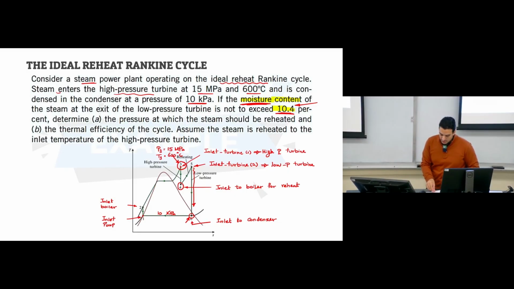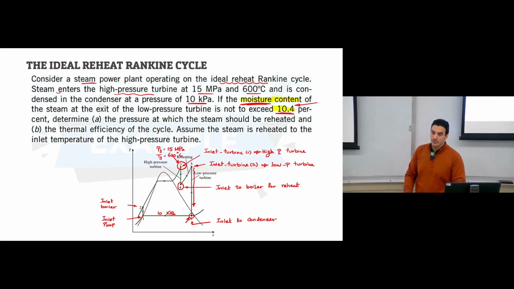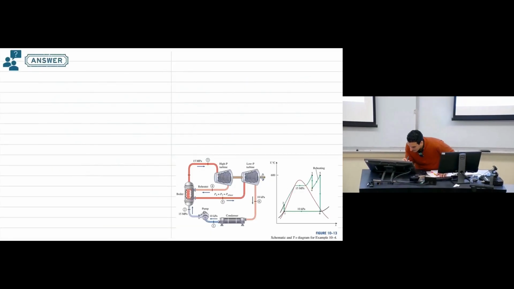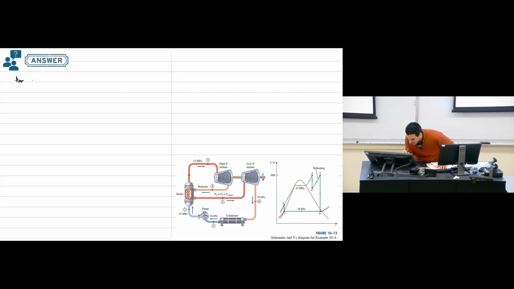As we said, the goal of all of these problems is to find the thermal efficiency of this cycle. So the thermal efficiency for the ideal reheat Rankine cycle is 1 minus Q out divided by Q in.